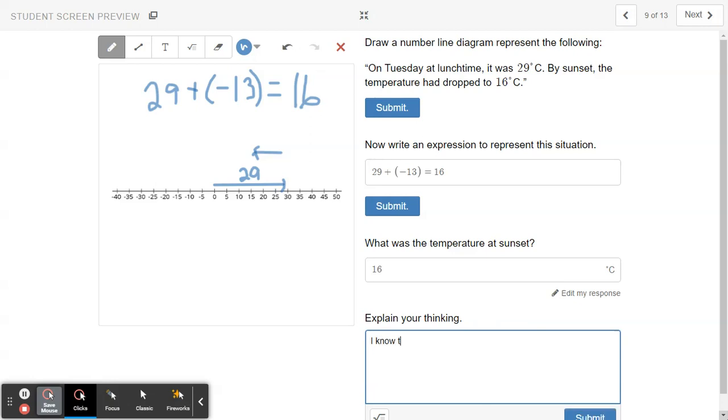So I know that it started at 29 degrees and you have to go backwards on the number line 13 times to get to 16 degrees. Okay.